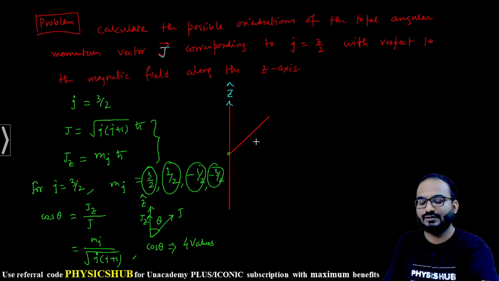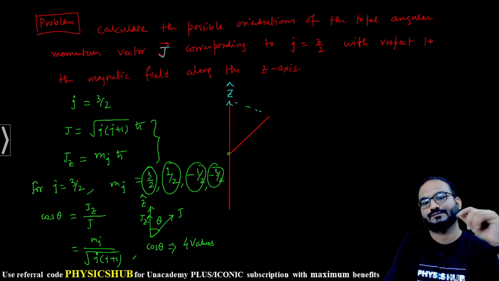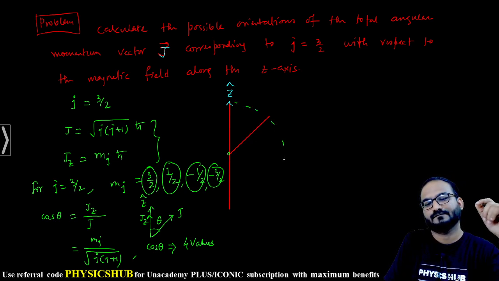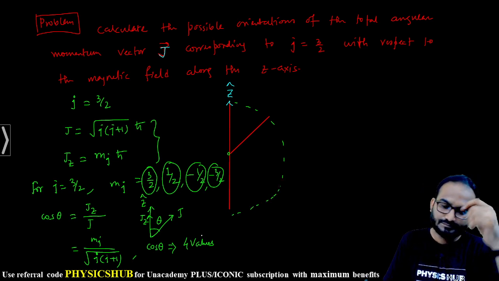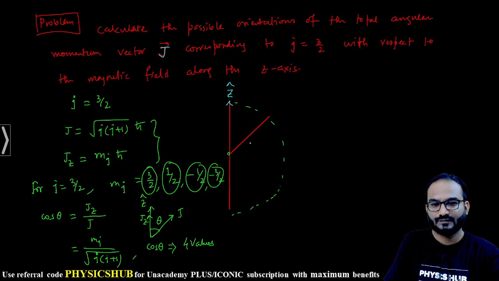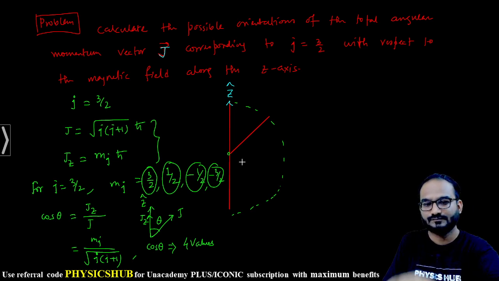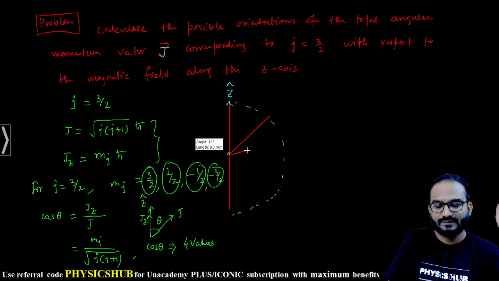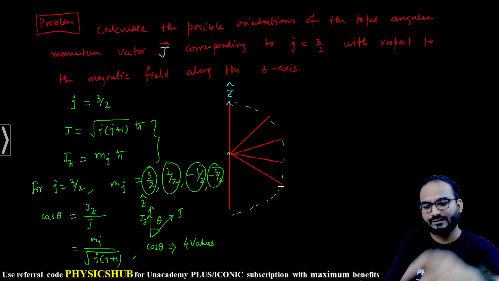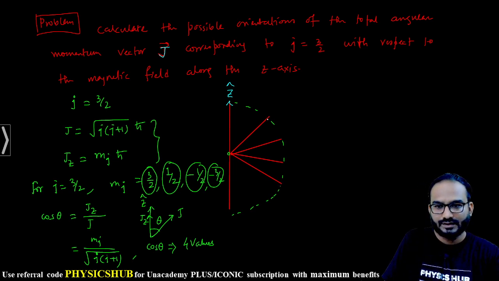Okay, let's try to draw it in this way. Plus 3 by 2, plus half, minus half and minus 3 by 2. In this way you can draw it. Excuse me for my drawing, but you can understand it in this way.